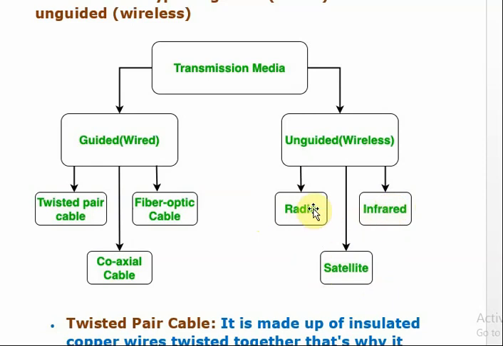Now under radio you get Bluetooth, which is wireless, and Wi-Fi, which is also wireless; all use radio frequency signals. Satellites come under microwave communication.